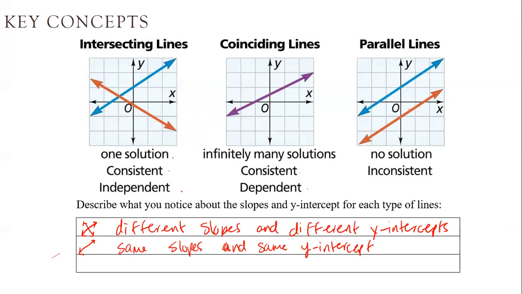And last, we have parallel lines. If you remember from geometry, parallel lines are never going to touch. That means that they have no solution and it's inconsistent. So if we have parallel lines, what do we notice about their slopes? In order to be parallel, you put little parallel marks, and they're going to have the same slope and different y-intercepts.